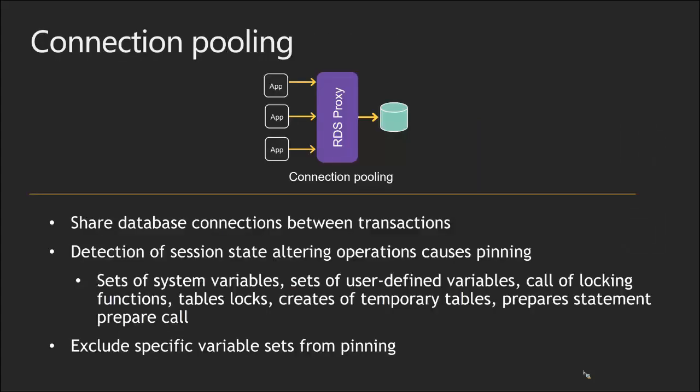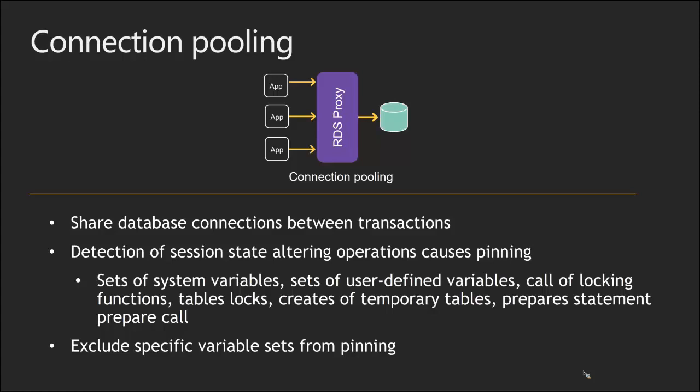So connection pooling pretty much does what it says, shares a larger number of connections between the application and the proxy, with a smaller number of connections going from the proxy to the database. And one of the things that we do is to detect session states that cause pinning of a connection to the database.